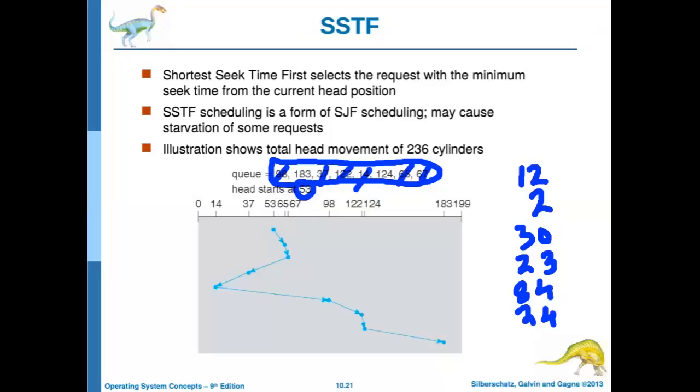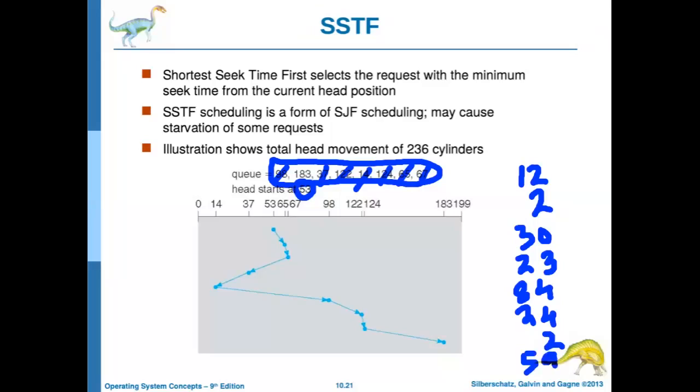After that, 122 then 124. So just 2 cylinders of movement are required, and at last 183 is there. So 183 minus 124 gives me 59, right?